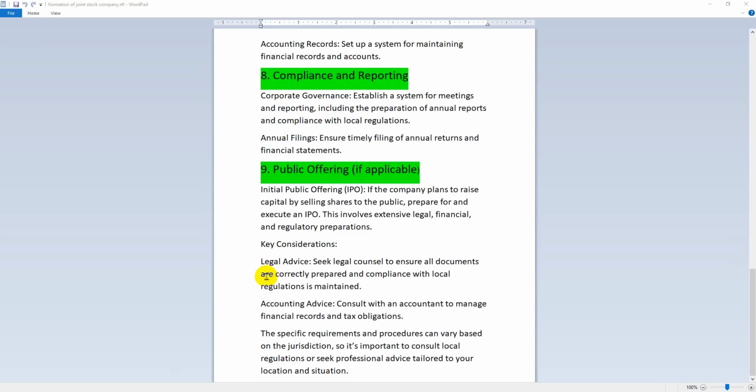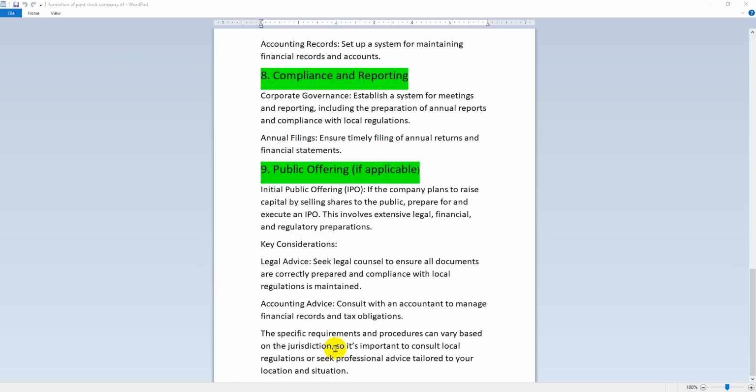Key considerations: legal advice. Seek legal counsel to ensure all documents are correctly prepared and compliance with local regulations is maintained. Accounting advice: consult with an accountant to manage financial records and tax obligations.